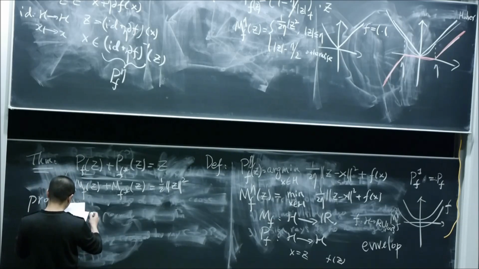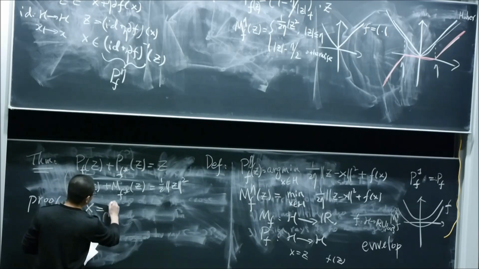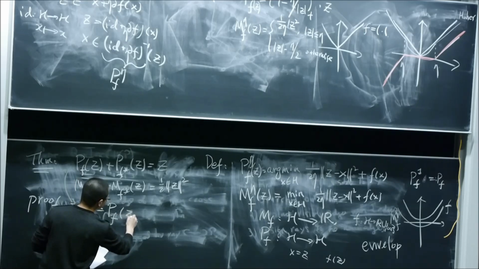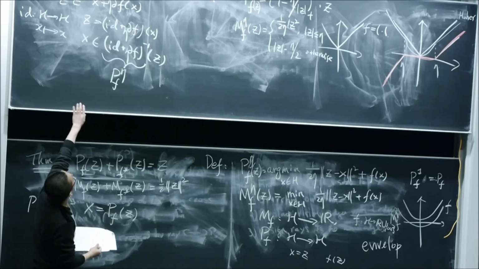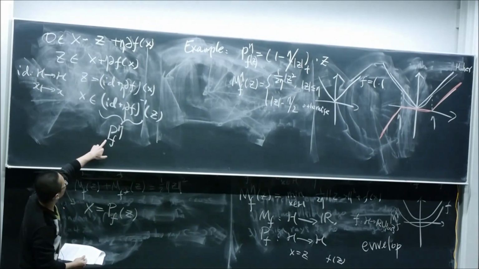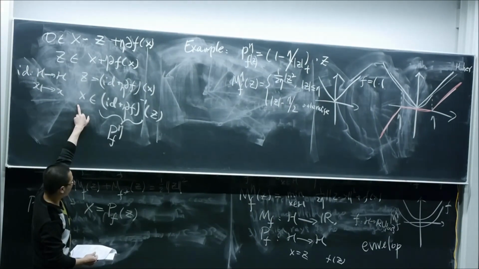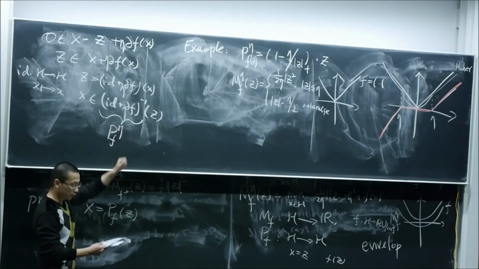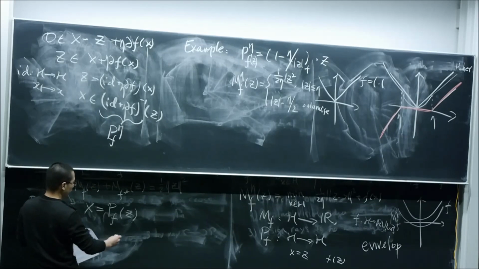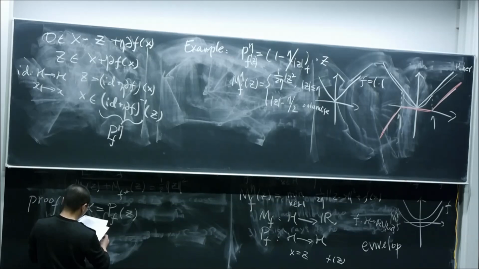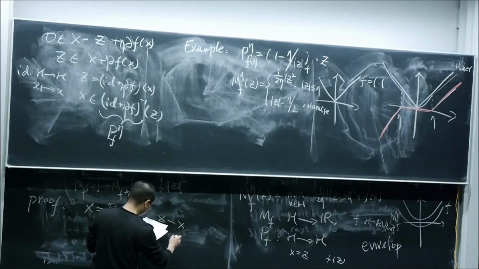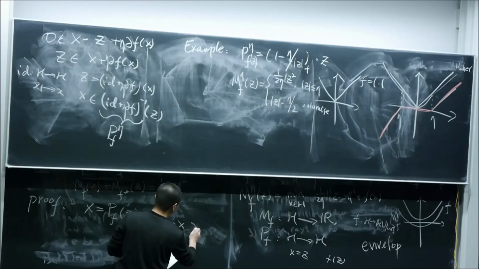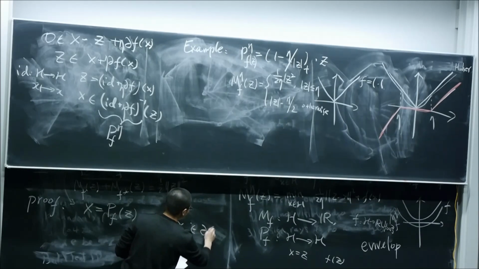Okay. So let x be the proximal map of f at the point z with respect to the function f. Then what does this mean? Well, we have this here. If x is P_f(z), then it has to satisfy this relationship. Therefore, z minus x is going to be in the subdifferential of f at x.